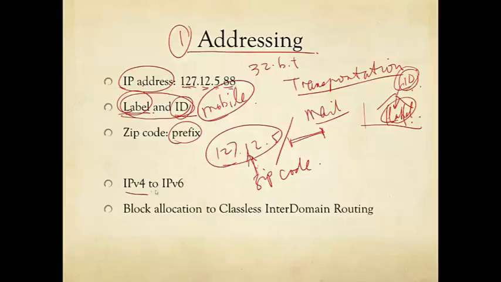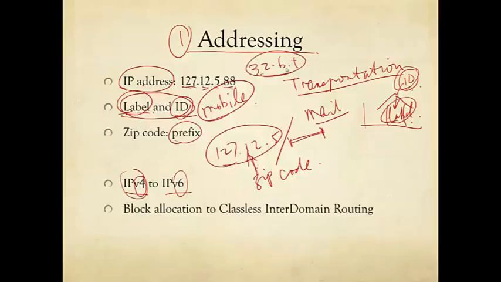Now, you have heard of the transition we're going through from IPv4 to IPv6. This is version 4, this is version 6. Again, standardization, historical accidents. That's why we're not talking about v3 to v5. We've been using IP version 4 for a long, long time, 32 bits.